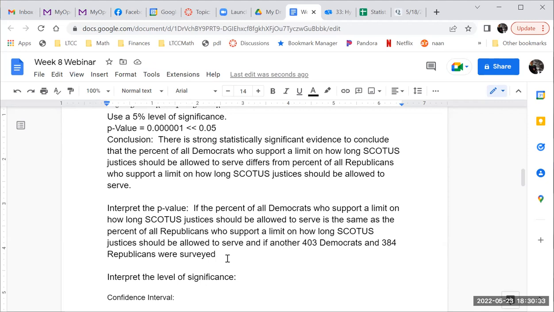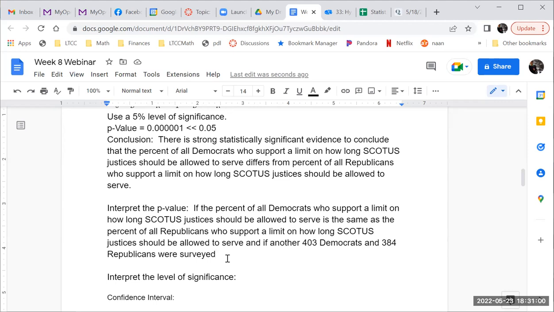I should mention this though, because you asked this question, and so it brings up something that's important. Do you remember what you needed to have a large enough sample size to do this? 30, right? Well, more than 30. Be careful. More than 5. Don't ever say the number 30 when we've got proportions.